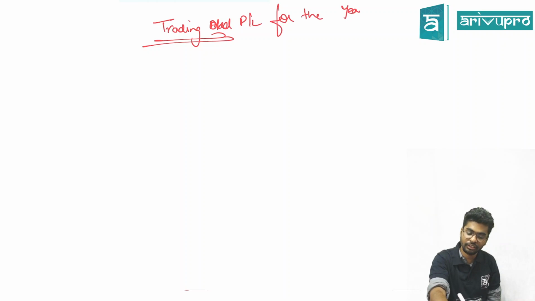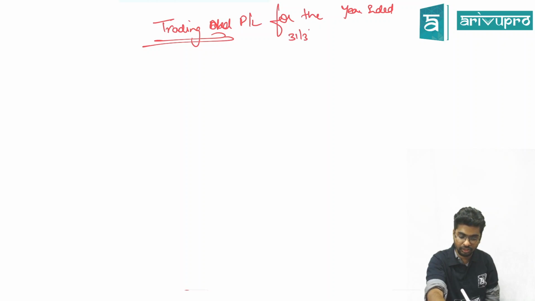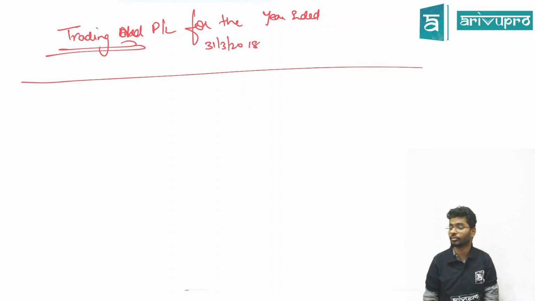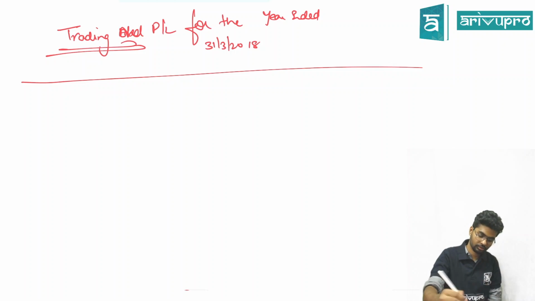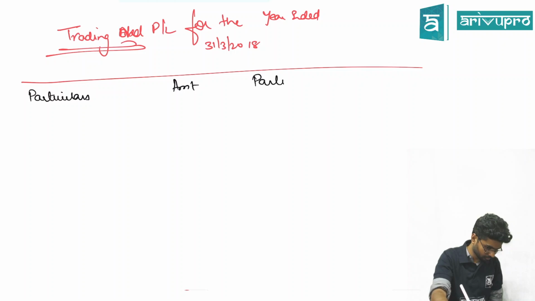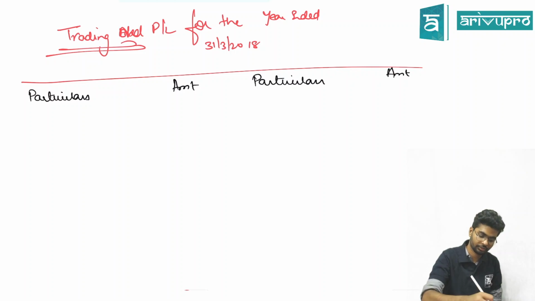When is the year ended? 31/3/2018. What is the format of the trading account? Particulars, amount, particulars, amount.